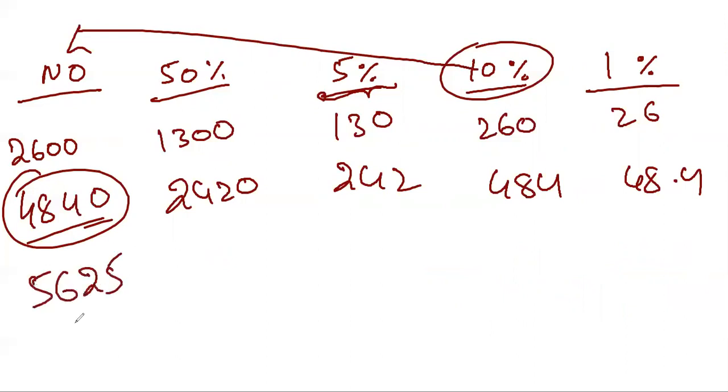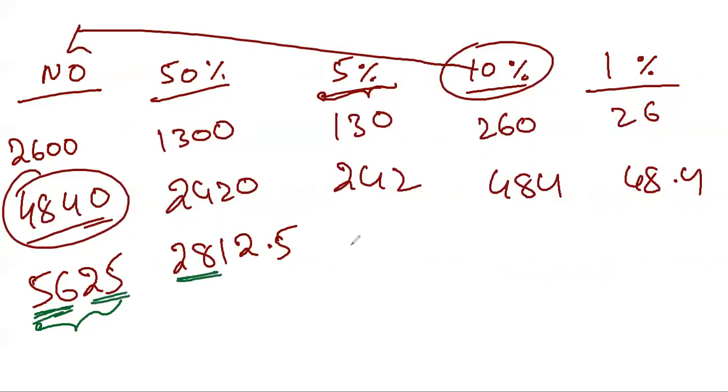5625 is there. 50% is 2812.5, because 50% means half. That's why you are taking half of this value. Are you following? Half of this value: 56 half is 28, 25 by 2 is 12.5.